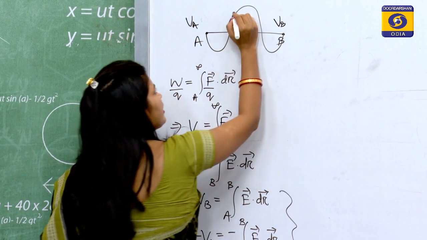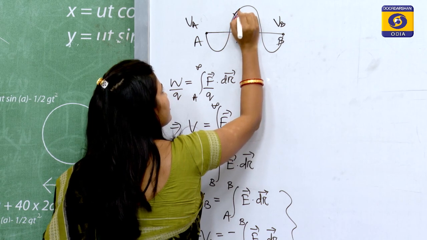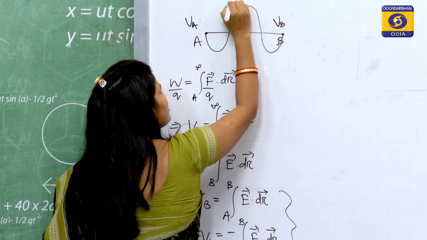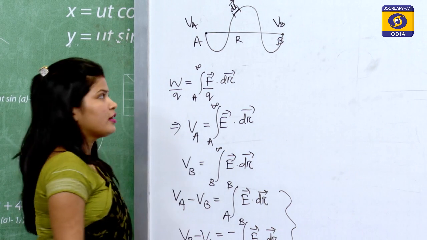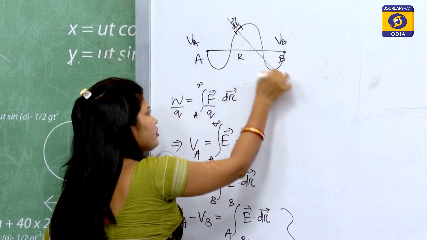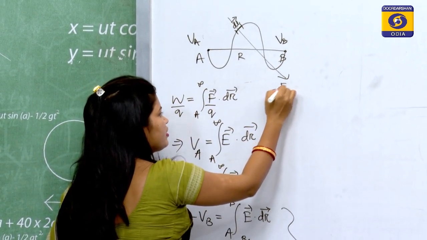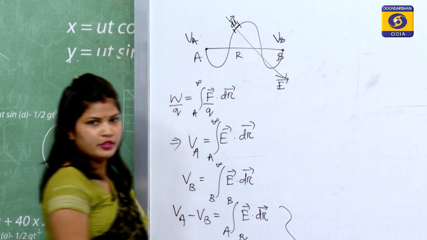So, I will take a small element dl, a small vector dl, and the electric field is in this direction, E vector.